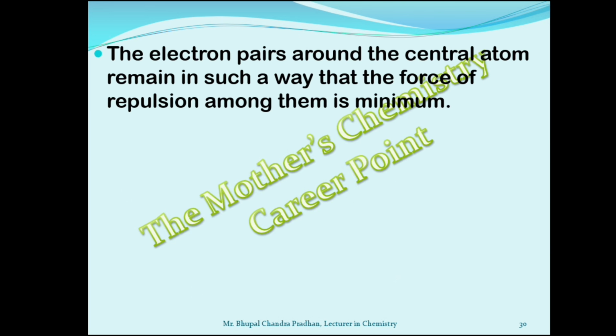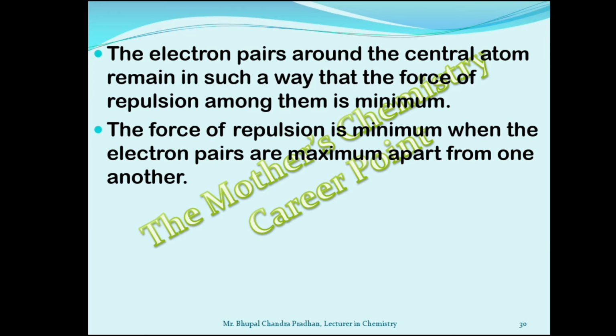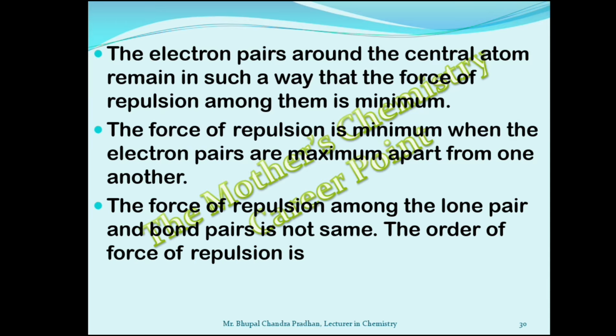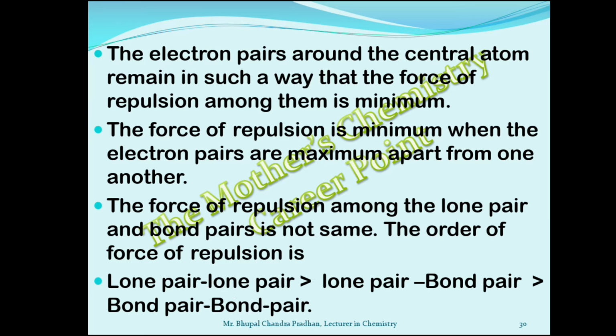The electron pairs around the central atom remain in such a way that the force of repulsion among them is minimum. The force of repulsion is minimum when the electron pairs are maximum apart from one another. The force of repulsion among the lone pair and the bond pair is not the same. The order of repulsion is: lone pair-lone pair repulsion is more than lone pair-bond pair repulsion, which is more than bond pair-bond pair repulsion.